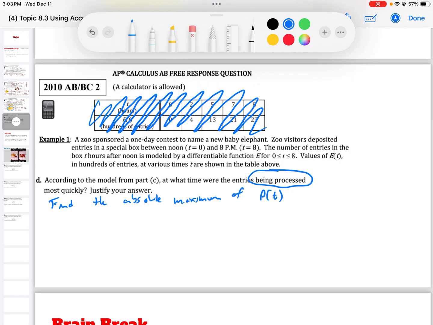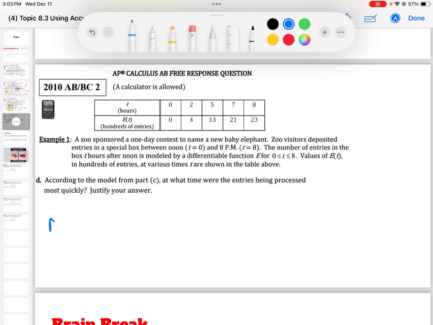But what you would do is you would graph P prime, or the derivative. P of T is equal to T cubed minus 30T squared plus 298T minus, so I need to find the derivative.